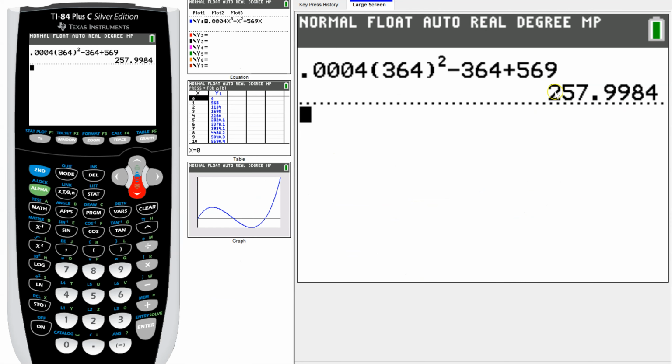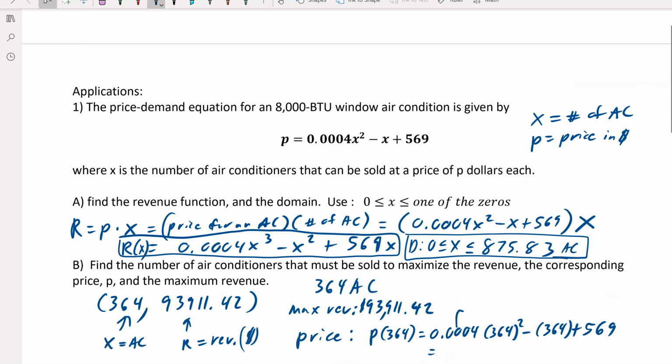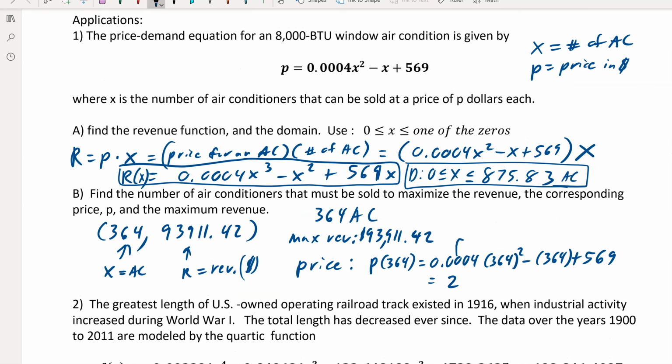So we would have to charge $258. I'm going to round that up, right? So $258 is what we would have to charge.